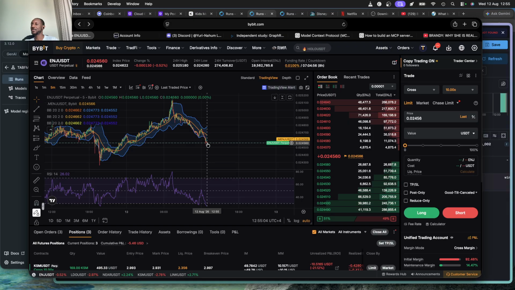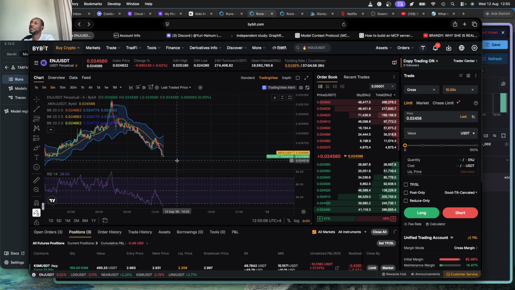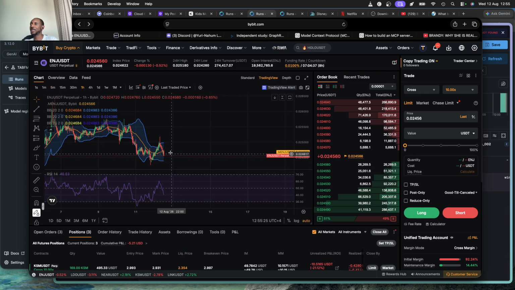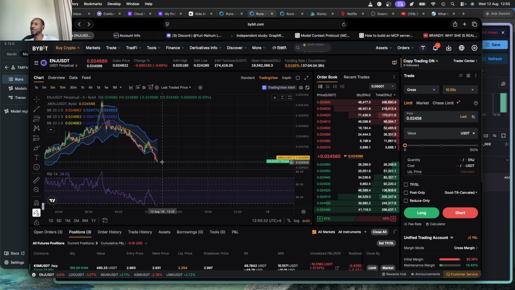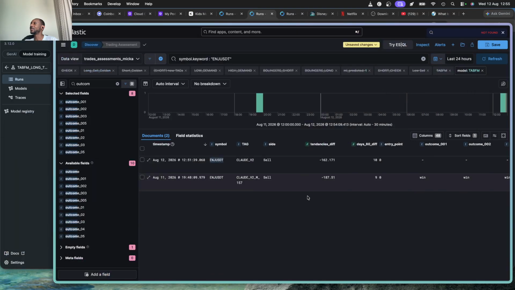It's saying that this will bounce back at some point, and it should do something like this and come back up. That's what it's predicting. This is a 5 minute candle. Let's see on a 1 hour candle. That's where we are, and that's what we are hoping to do.